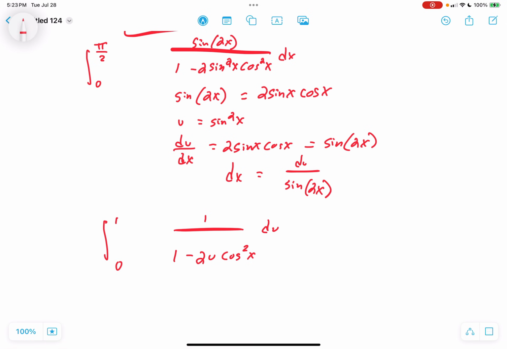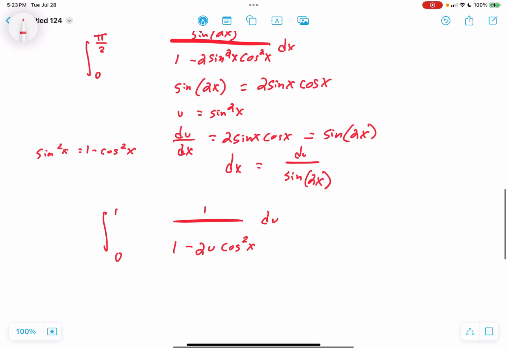And sine squared x is simply equal to 1 minus cos squared x. So if I want to express cosine squared x in terms of u, all I'm going to have to do is say now that cosine squared x equals 1 minus sine squared x. So then cosine squared x equals 1 minus u.